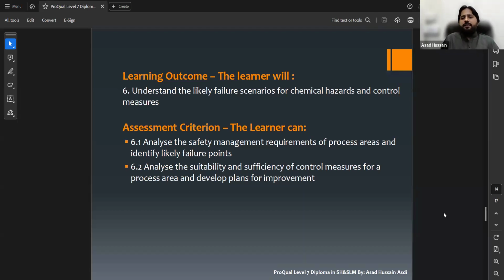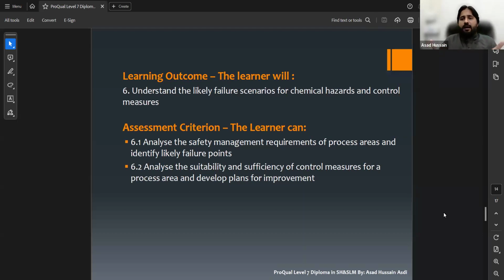Where in your organization you have a process area, you have to identify likely failure points, where you can see that the points are actually chemical hazards, because chemical hazards are mostly present in process industry or process areas. So you have to identify that failure point.